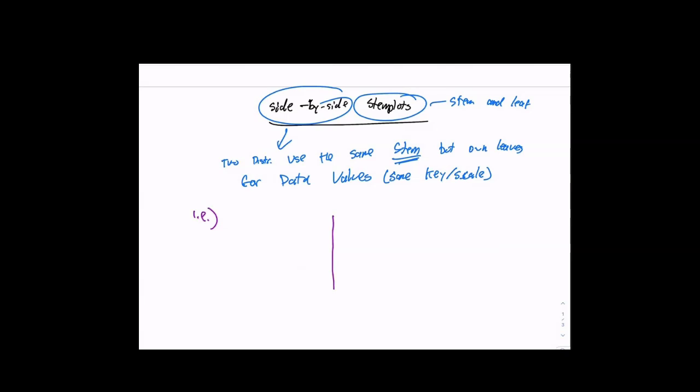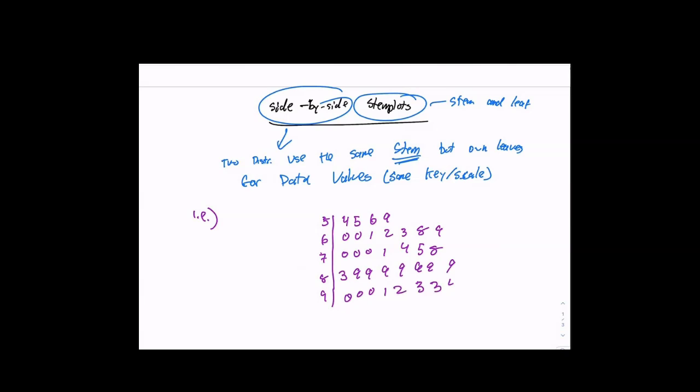In a stem plot we would say, of course, 5, 6, 7, 8, 9, and then you might have 4, 5, 6, 9, 0, 0, 1, 2, 3, 8, 9, 0, 0, 0, 1, 4, 5, 8, 3, 9, 9, 9, 9, 9, 9, 9, 0, 0, 0, 1, 2, 3, 3, 4, 5.